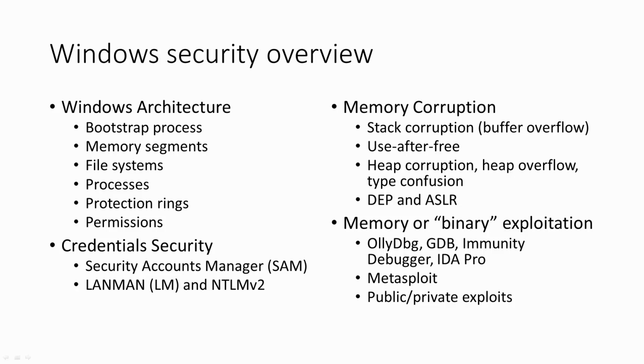And what is ASLR? When you are trying to exploit memory corruption bugs, you have to put your executable data. That sounds ridiculous, but that's what it is. Your executable data should be placed somewhere, and in order to jump there, you have to use some instructions that are already in memory.